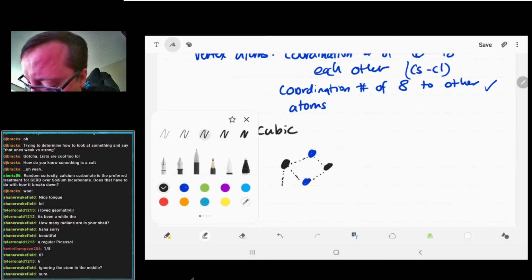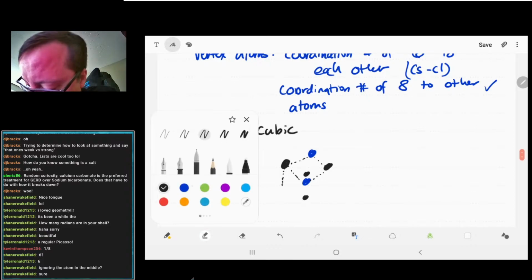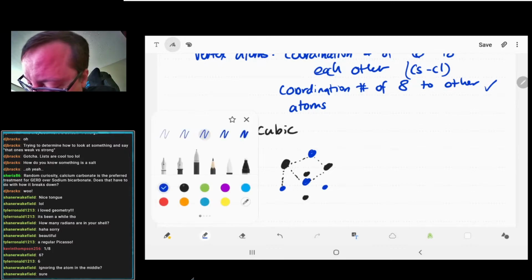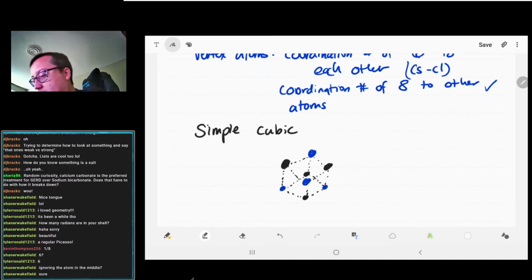Black one there. Blue one here. Still quite ugly. I guess I should draw them kind of more of a profile rather than this like directly above view, but whatever.